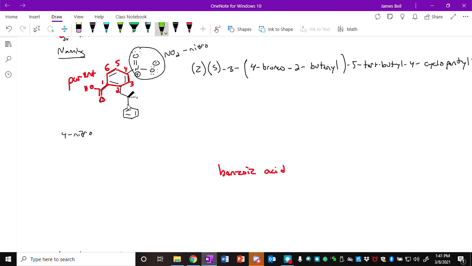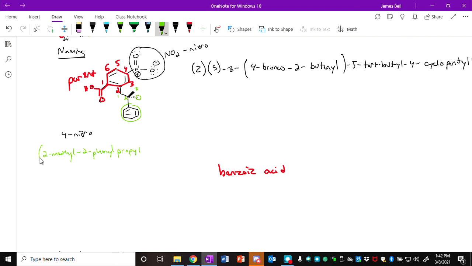I've got a 1, 2, 3 carbon chain that has a methyl on 2 and another ring also on 2. So that would be called a 2-methyl-2-phenylpropyl.